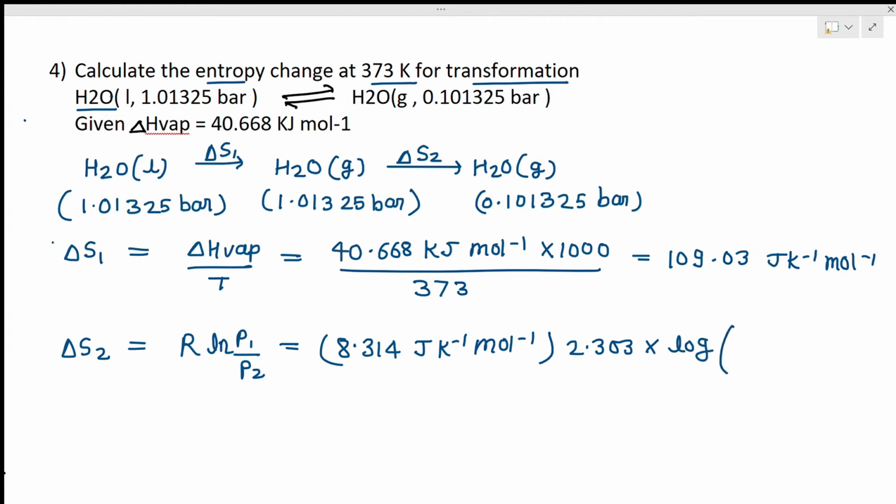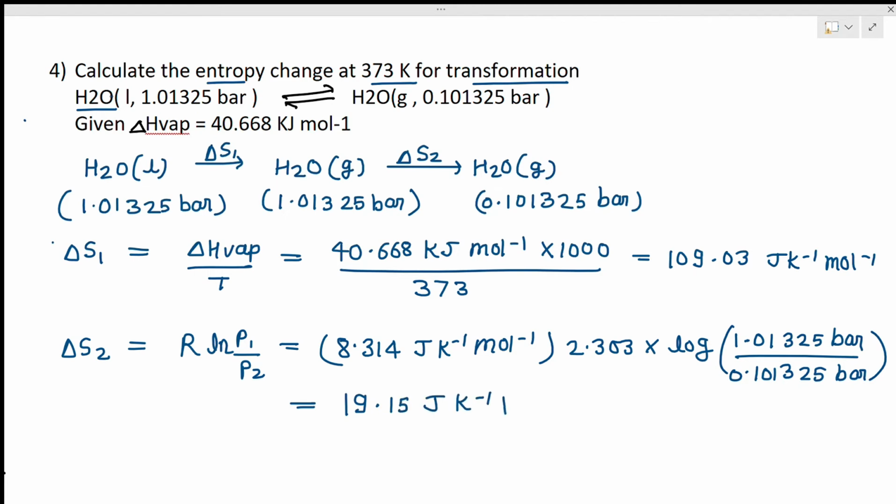P1 is 1.01325 bar, and P2 is 0.101325 bar. So now you can calculate this. This will be equal to 19.15 joule per Kelvin per mole.